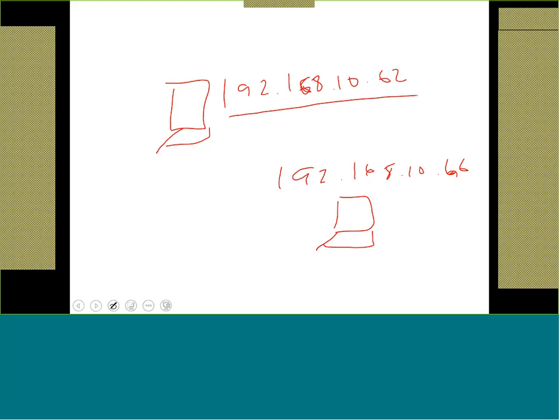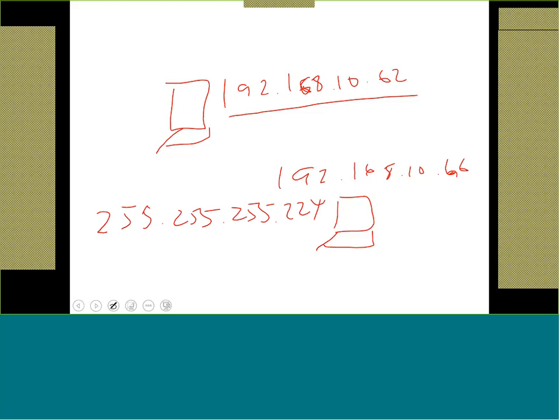Maybe. You can make that assumption. You could say they're both under the same network if you say, well, the mask is this or the mask is that, but I didn't give you the mask. If the mask was 255.255.255.224, are they in the same subnet?